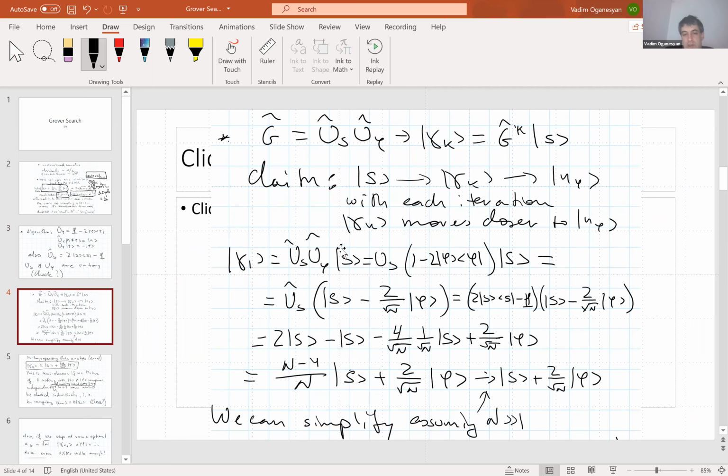You can see that you start with a state that has a little bit of phi in it, as we discussed. And what you've done is you've increased the amount of phi in it by applying this G. So the idea is that you're essentially transferring weight from the mess that S is. S is basically the entire database, right? With no information about what's more important, what's less important.